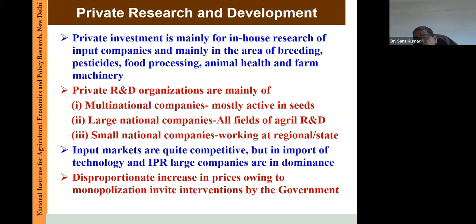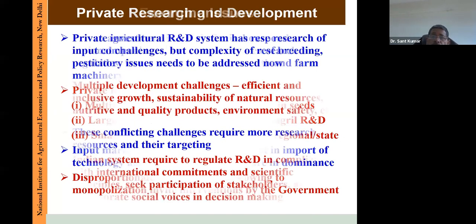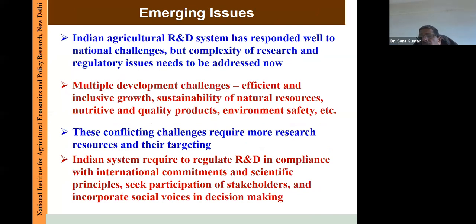Input markets are quite competitive now, but in the import of technology and IPR, large companies are dominating. The disproportionate increase in prices owing to monopolization needs intervention by the government. So the Indian agriculture R&D system has responded well to the national challenges, be it increasing efficiency, equity, sustainability, or trade aspects and price, but the complexity of the research and regulatory issues also needs to be addressed.